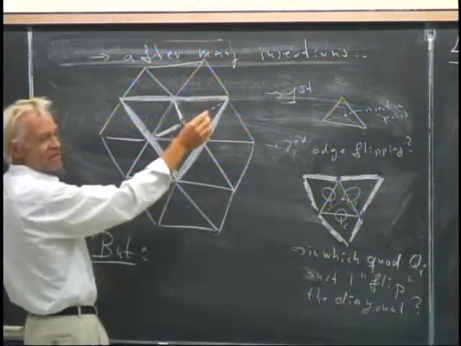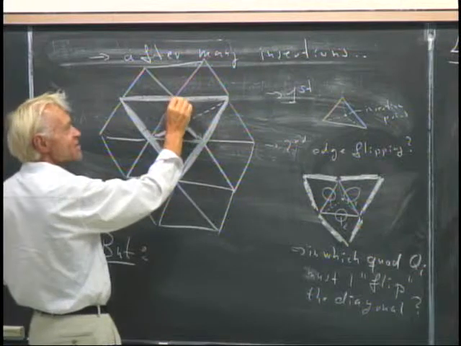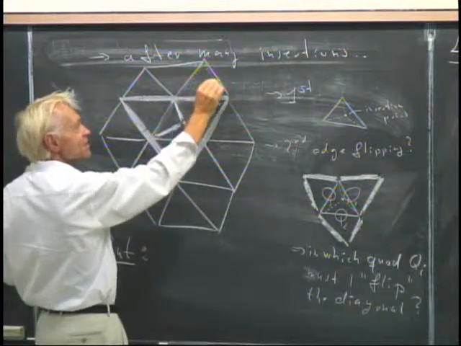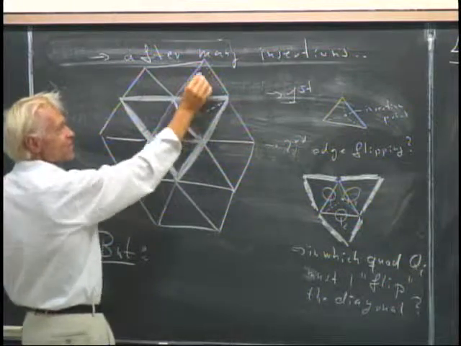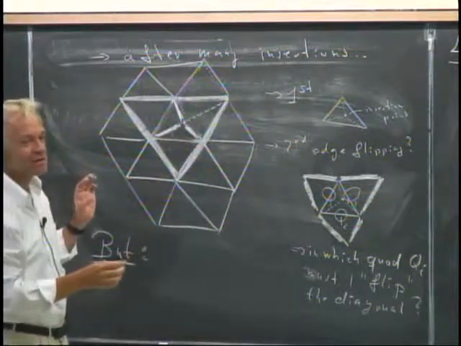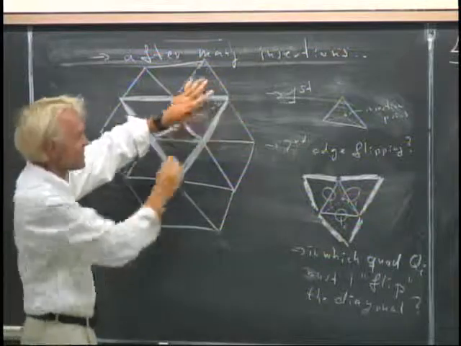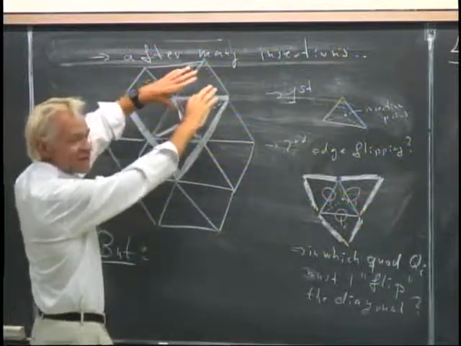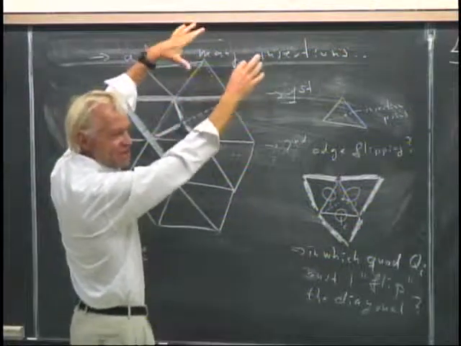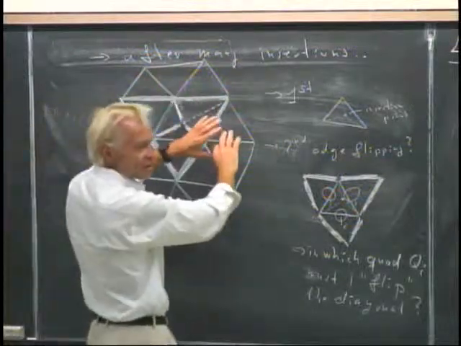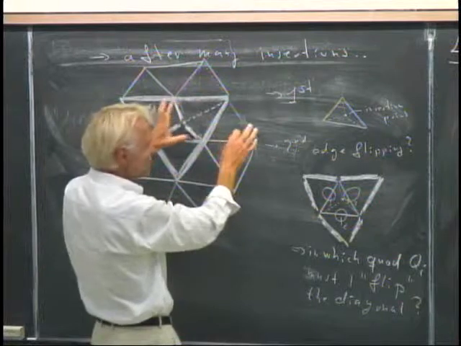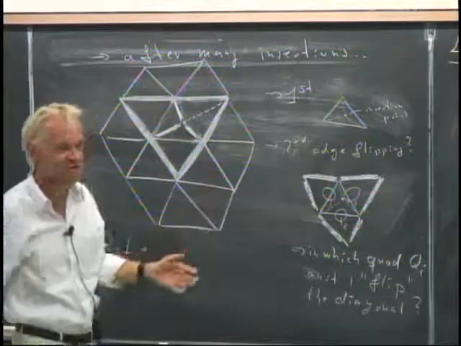I have a new convex quadrilateral now by taking this edge away, and inserting this edge. I have another quadrilateral that I have to look at. This one, for example, right? This is a quadrilateral here that I have to check. Is this the right diagonal for it or the other one? No? So whenever I do these edge flips, they have an effect on a neighborhood, and that neighborhood has an effect on the neighborhood of the neighborhood, and so forth. So in the worst possible case, these edge flips do not terminate before they have touched everything.